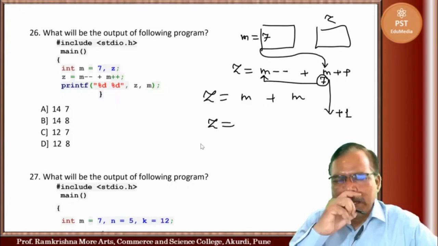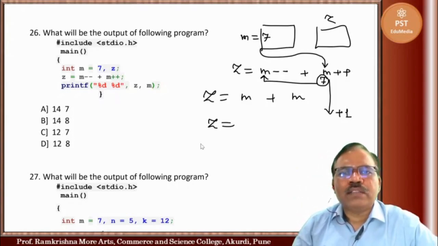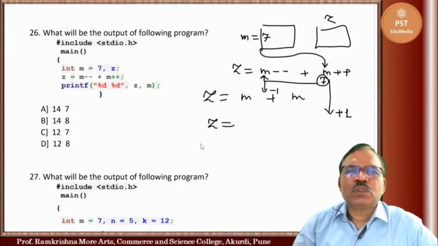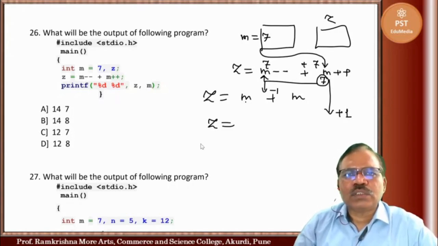with value 7. Again here pre-decrement means decreased by 1, but after the expression, so 7 will remain here. 7 plus 7 becomes 14.